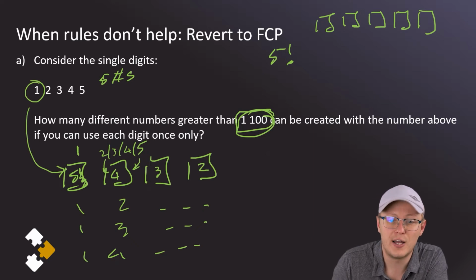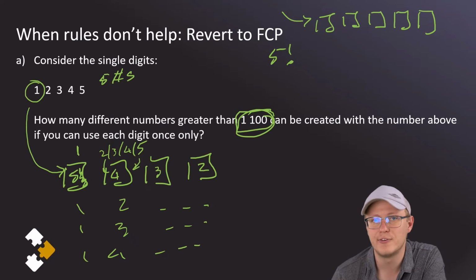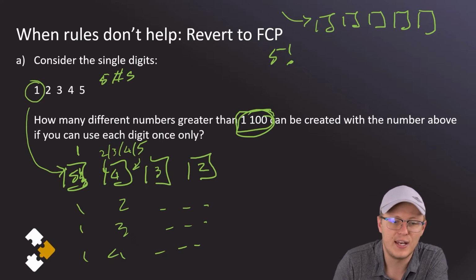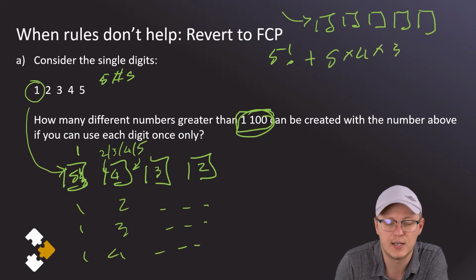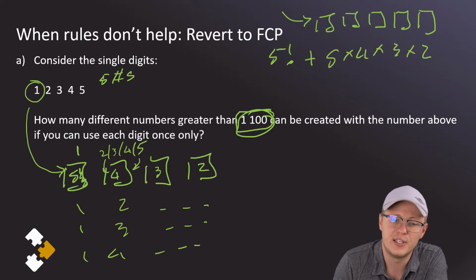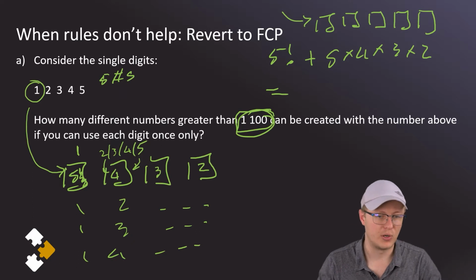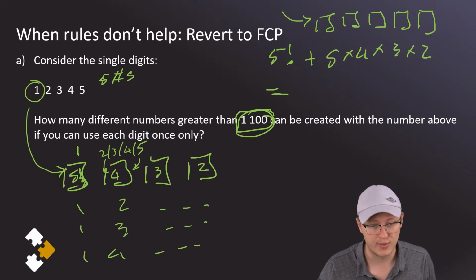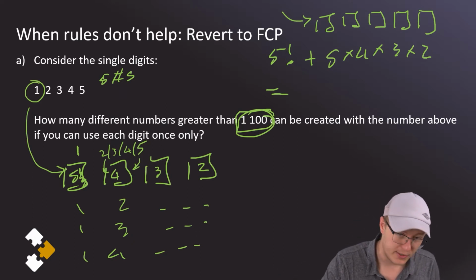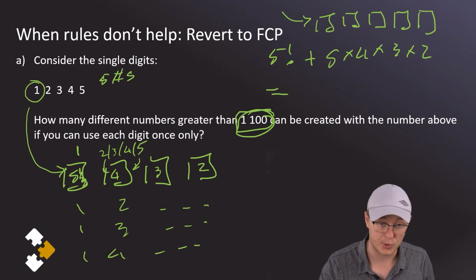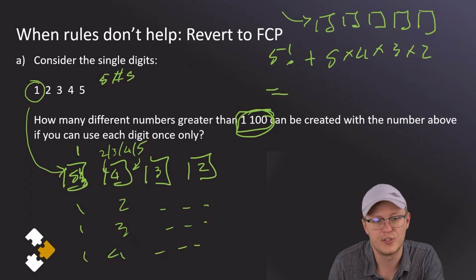So there are 5 factorial of these 5-digit numbers that are greater than 1100, and then there are another 5 times 4 times 3 times 2 of the 4-digit ones that are greater than 1100. The total number of numbers greater than 1100 is going to be 5 factorial plus 5 times 4 times 3 times 2, which is then 240.